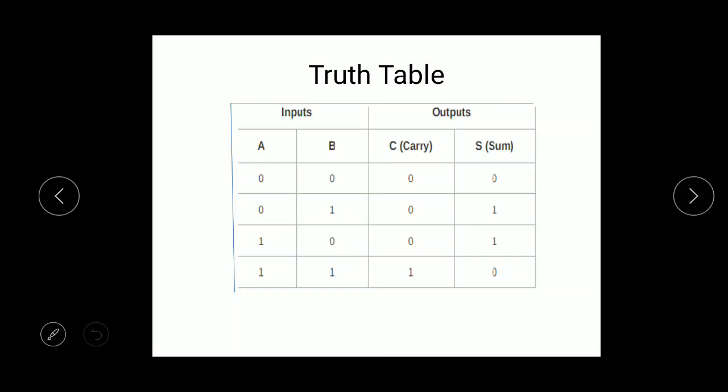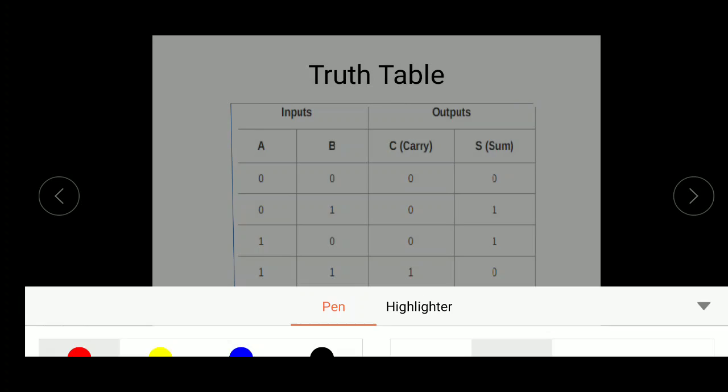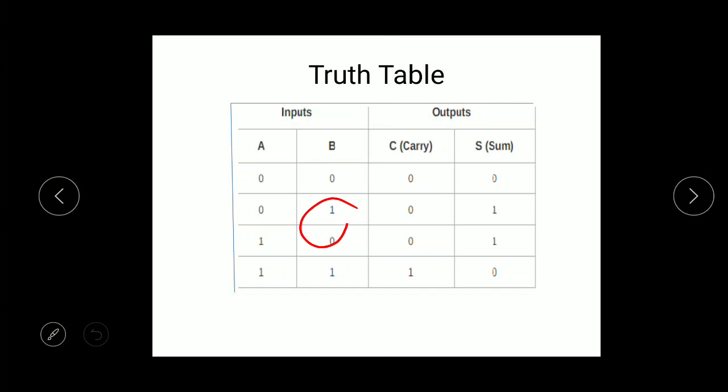If either of the two inputs is 1, then the sum that will get generated will be 1. As you can see here in the second step, let me show you. So here in the second step, the B input is 1, whereas for the third step also the input is 1.